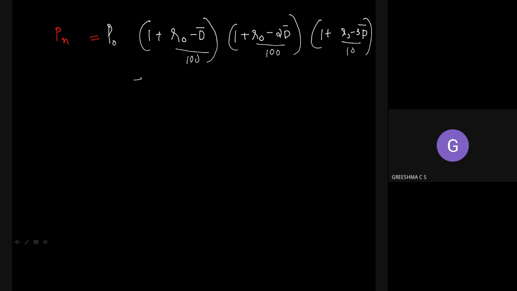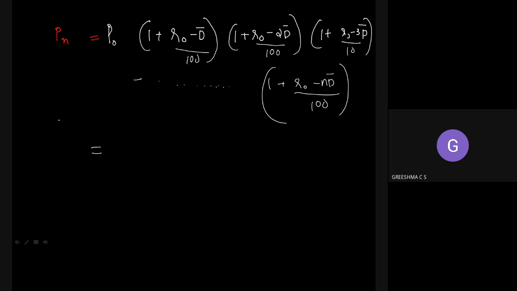This will go on up to 1 plus R0 minus N D dash divided by 100. That was a summarized equation.